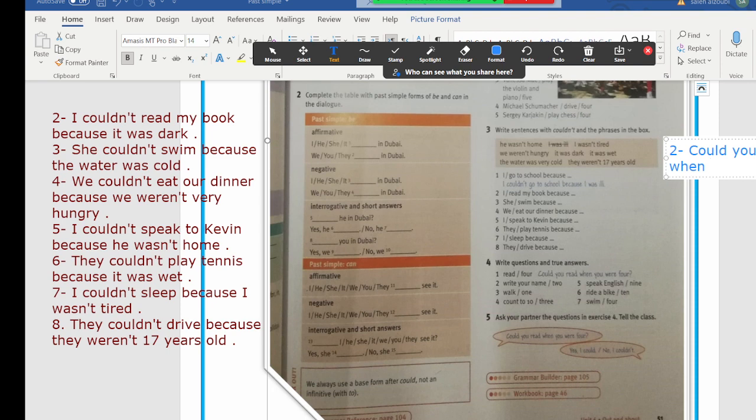Could you write your name when you were 2? Answer. I don't think so. No, I couldn't, or yes, I could. Number 3.